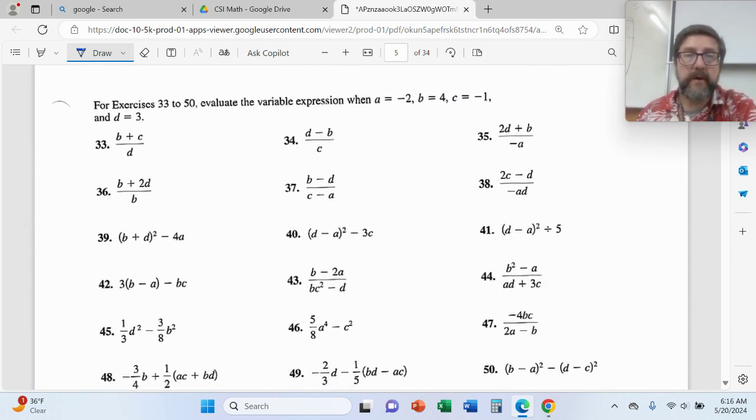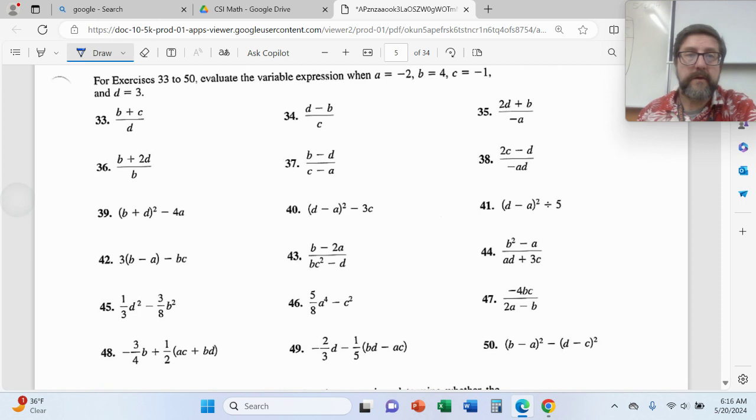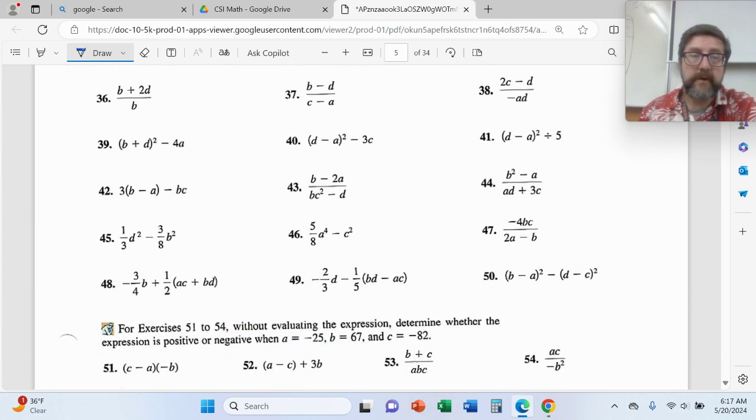Okay. Now we're going on. For exercises 33 to 50, evaluate the variable expressions when A equals -2, B equals 4, and C equals -1. So just do them all. Okay, so you take B plus C divided by D. Your calculator should give you all the correct answers.